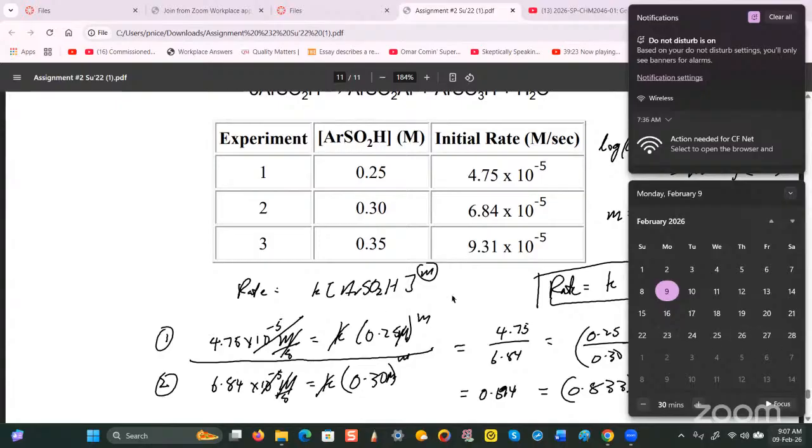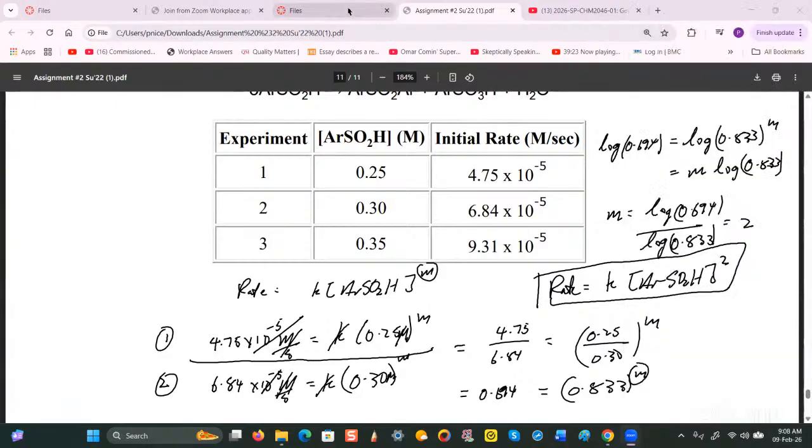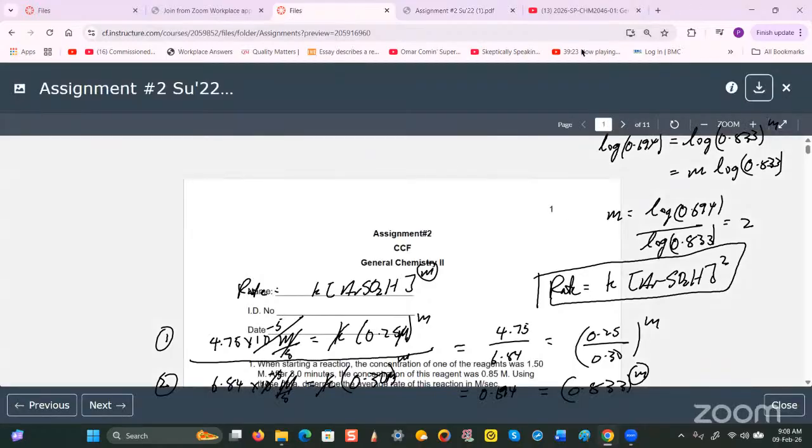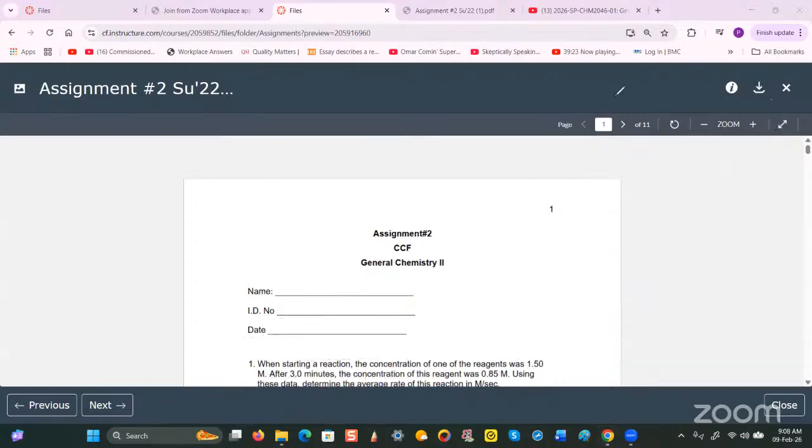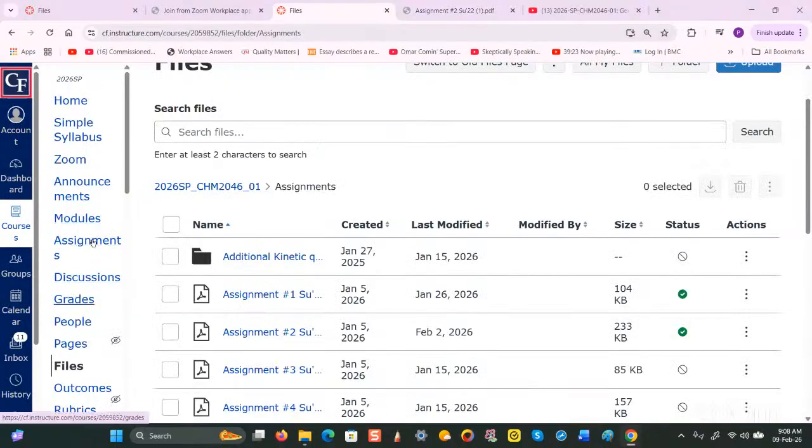All right. So what I'm going to do right now, let me clear this first. Okay, let me get out of this here. And let me go to assignments.